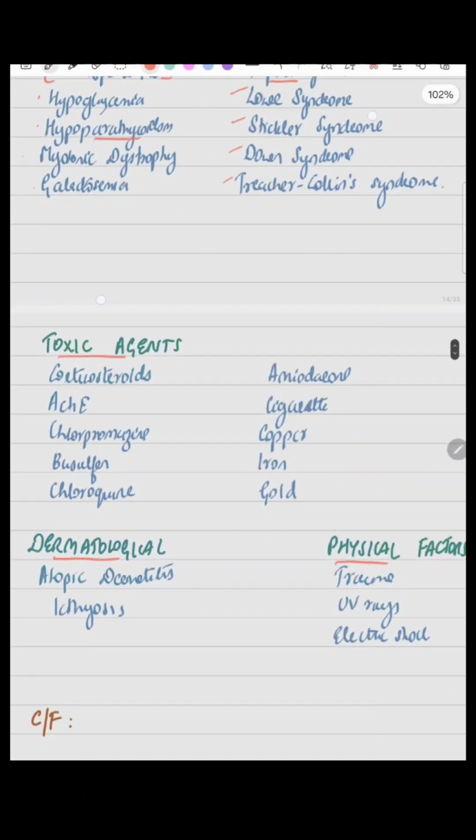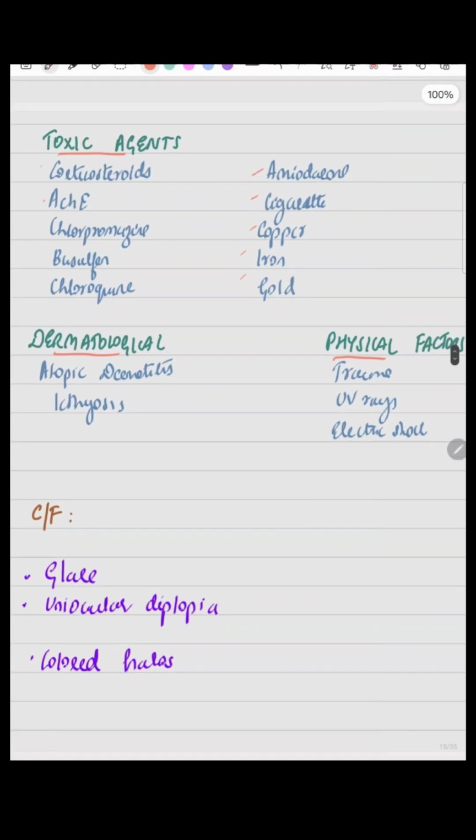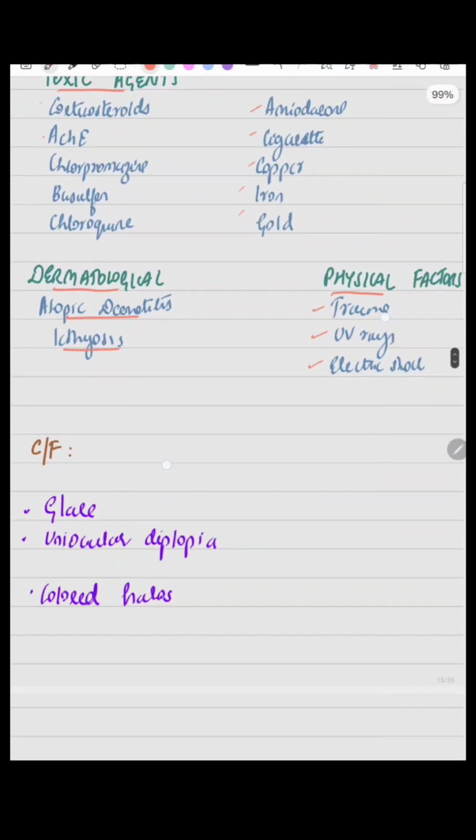Toxic agents include corticosteroids, acetylcholinesterase inhibitors, chlorpromazine, busulfan, chloroquine, amiodarone, cigarettes, copper, iron, gold. Dermatological causes include atopic dermatitis and ichthyosis. Physical factors include trauma, UV rays, electric shock.